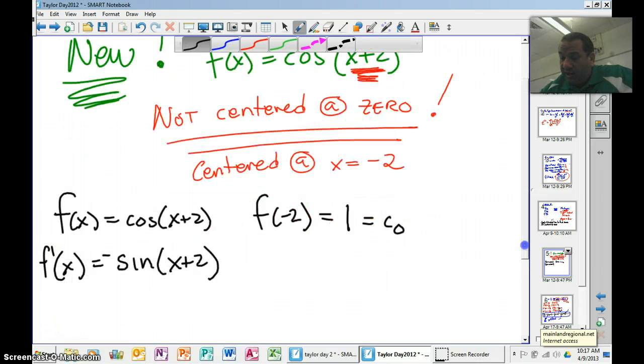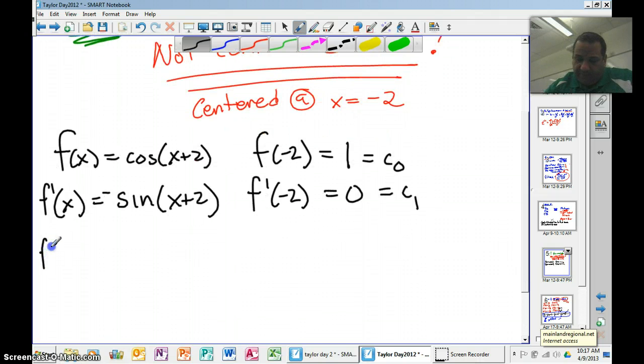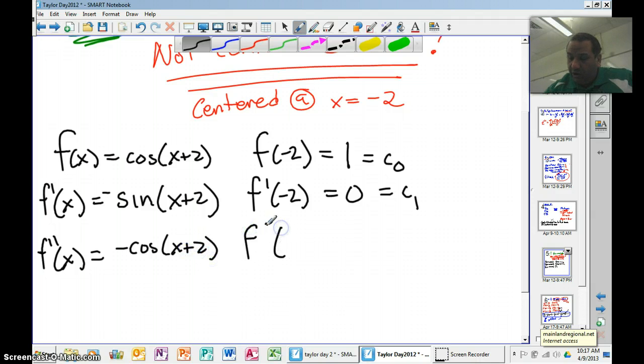I check f prime at negative 2, and I get 0. That's our C1, which means we don't even worry about it. The next one, f double prime of x, is negative cosine of x plus 2. When we look at negative 2, where it's centered, we get negative 1. That's equal to C2.